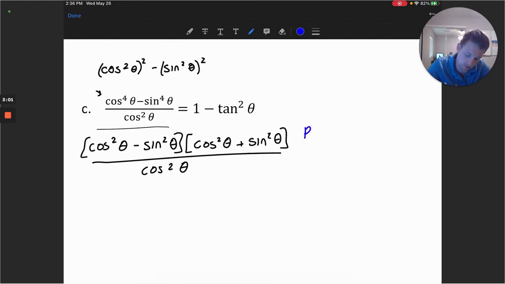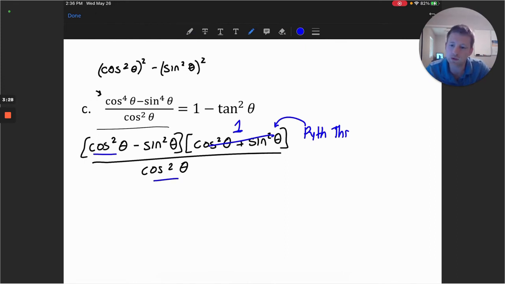So the Pythagorean theorem, we know this cosine squared plus sine squared is equal to 1. We can just say that's a multiple of 1. And then we'll be left with the difference of squares again on the left side. But here, notice that we have a cosine squared and a cosine squared.